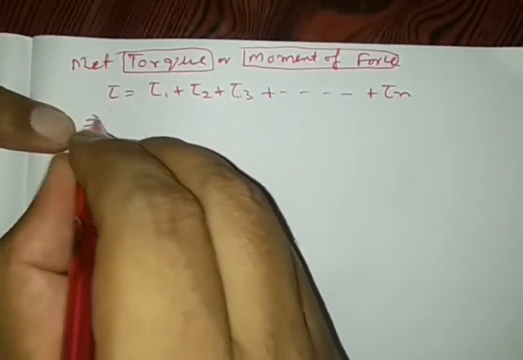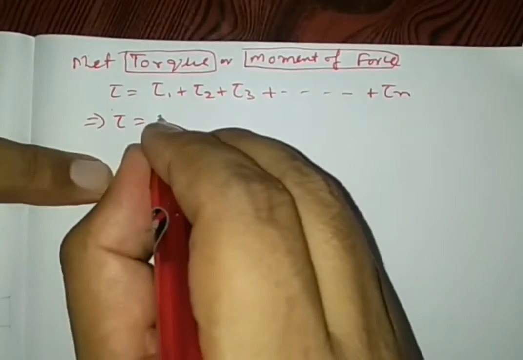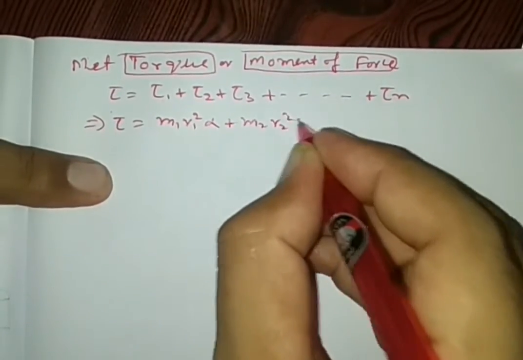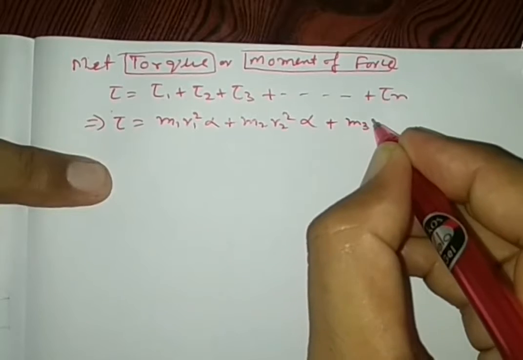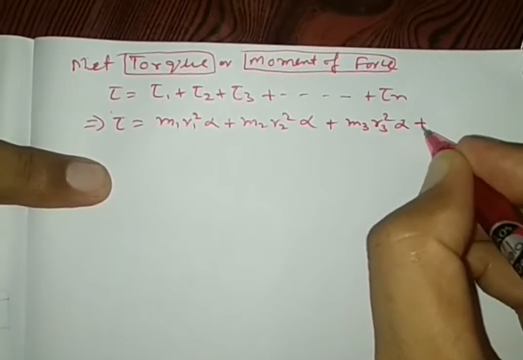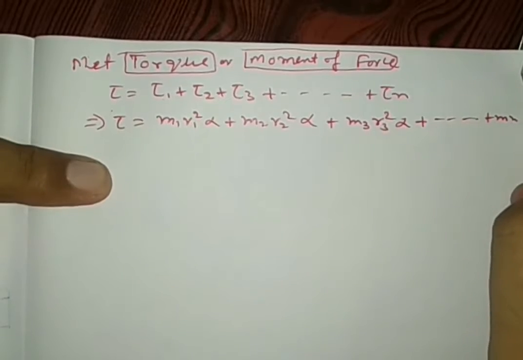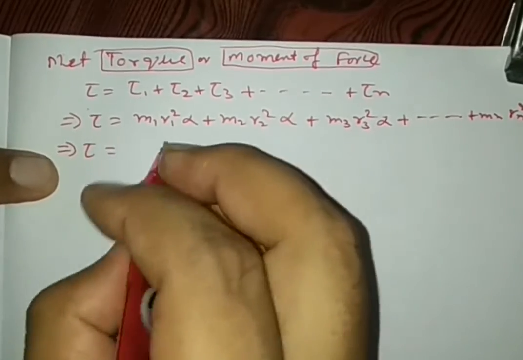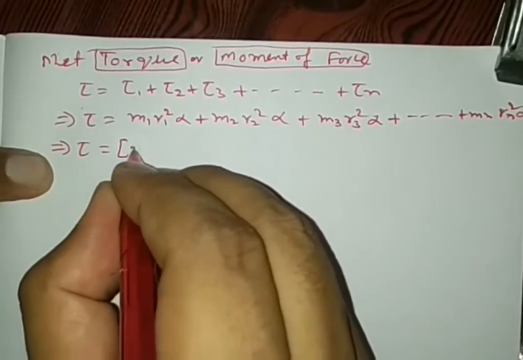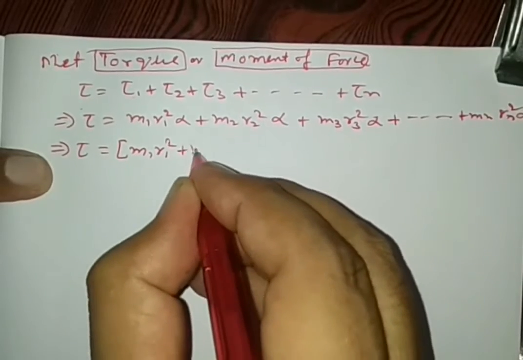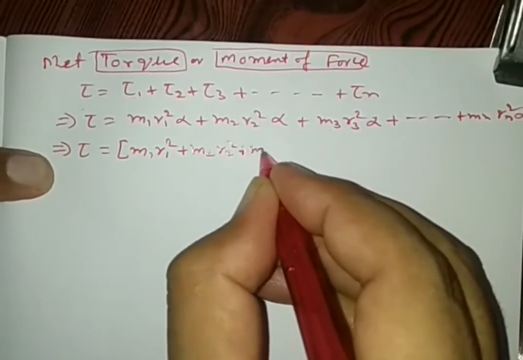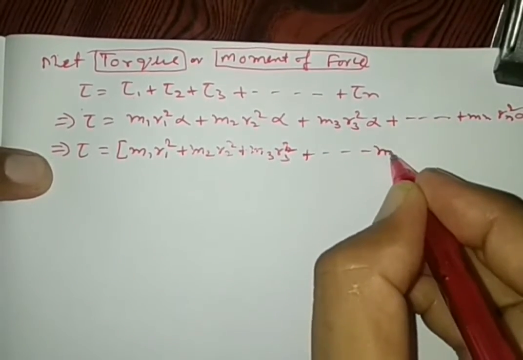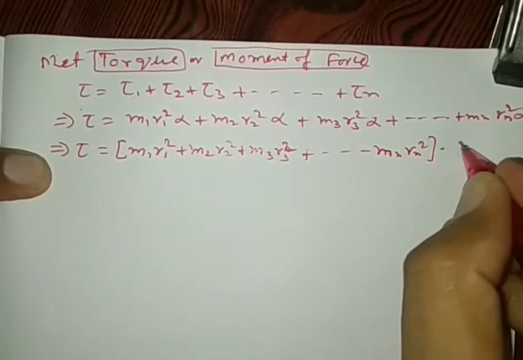So tau is equal to m1 r1 square alpha plus m2 r2 square alpha plus m3 r3 square alpha plus up to mn rn square alpha. Alpha is common, so tau is equal to the bracket m1 r1 square plus m2 r2 square plus m3 r3 square plus mn rn square, into alpha.